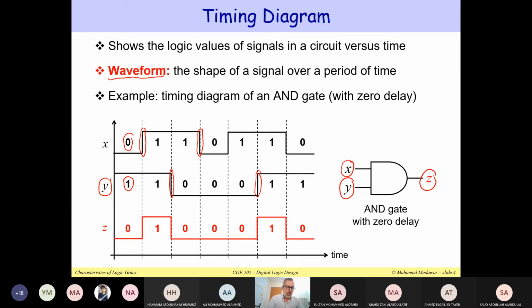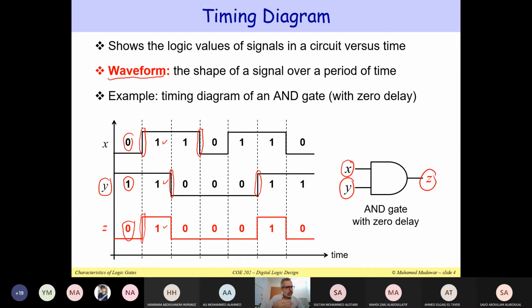So notice that initially when X is equal to 0, the output Z is 0. And now when X and Y are both 1 and 1, you get the output equal to 1. So as soon as X changes from 0 to 1, the output Z is going to change from 0 to 1 because Y is 1.